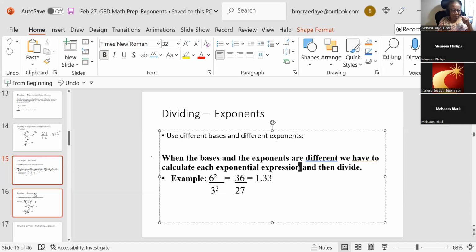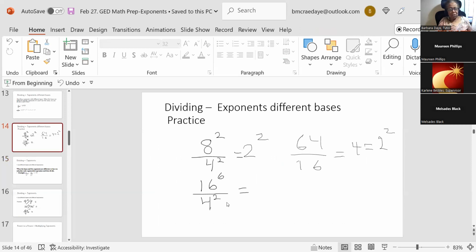Now I want you to do this one: 16 to the 6th and 4 to the 2nd, and tell me your answer. I'll give you a chance, you can do it on the calculator.